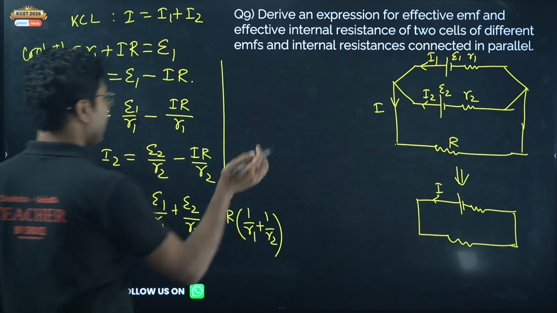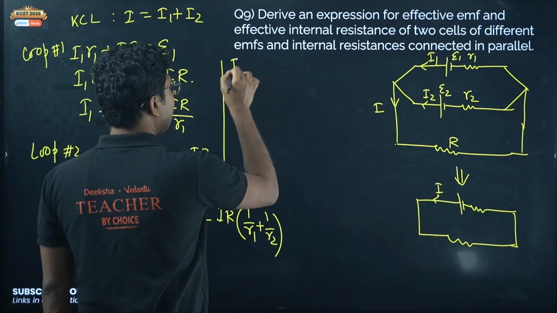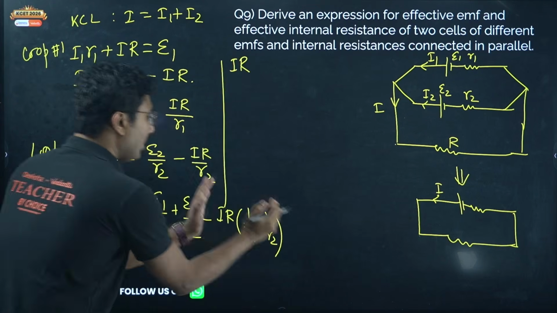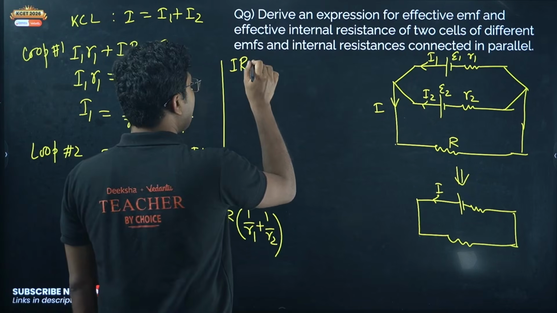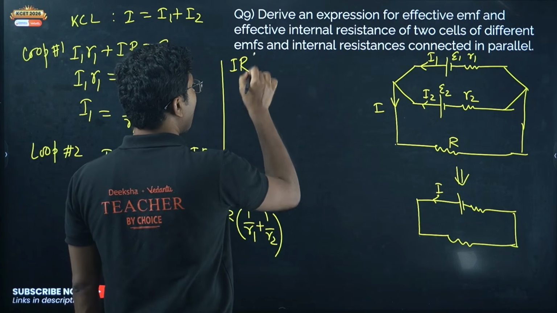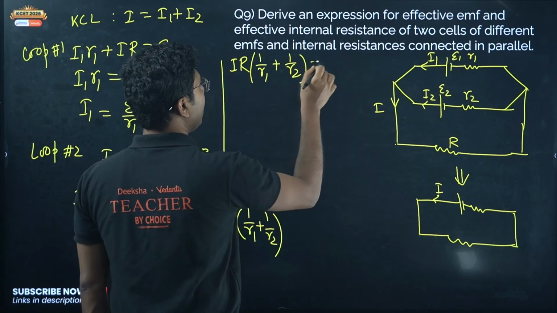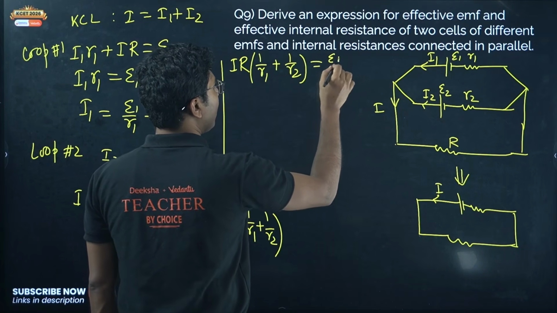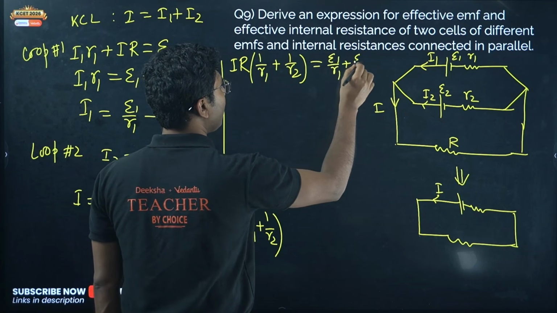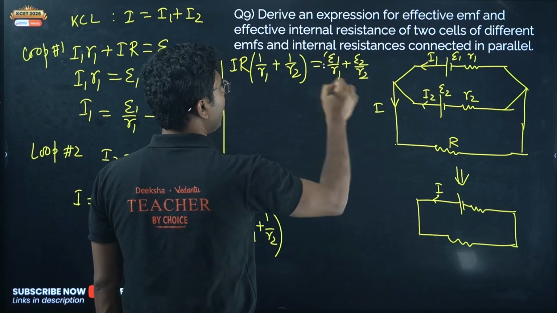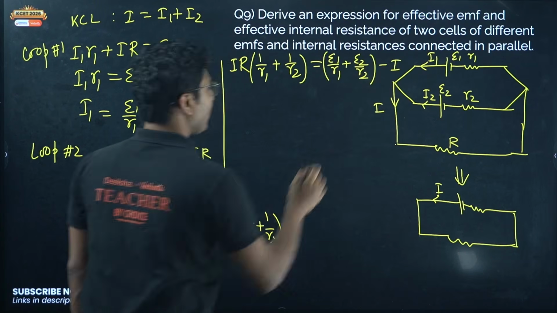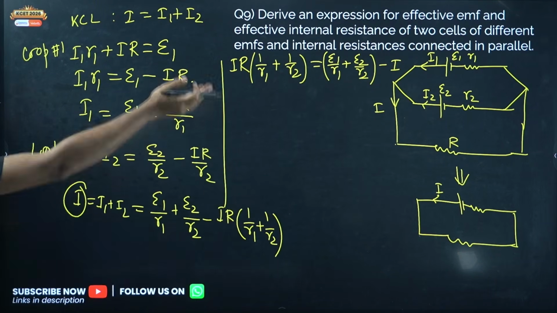Taking IR on the left hand side, IR into 1 by R1 plus 1 by R2 equals epsilon 1 by R1 plus epsilon 2 by R2 minus I. Now this I goes to the other side.